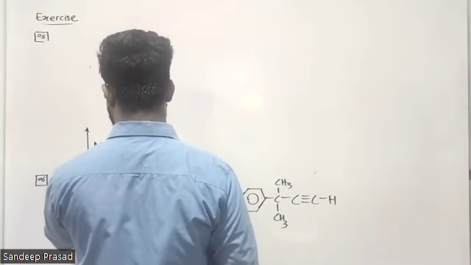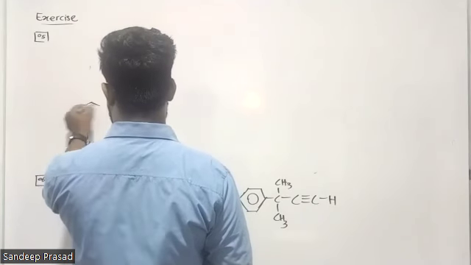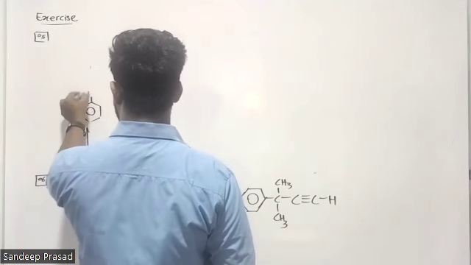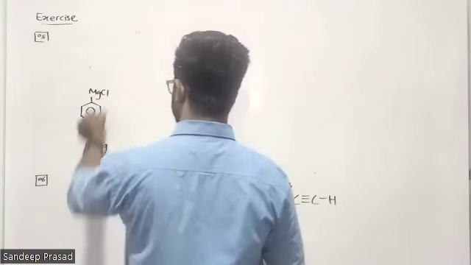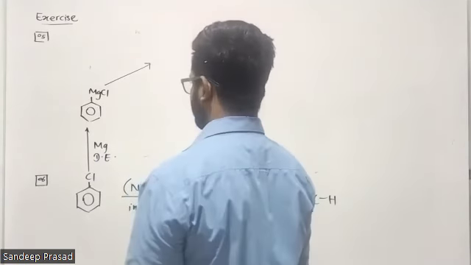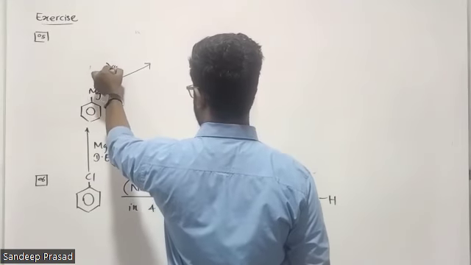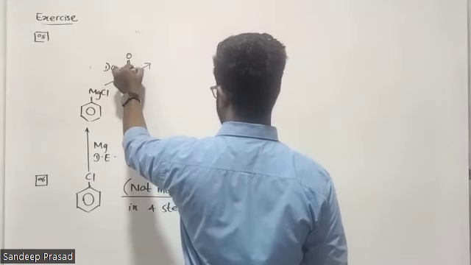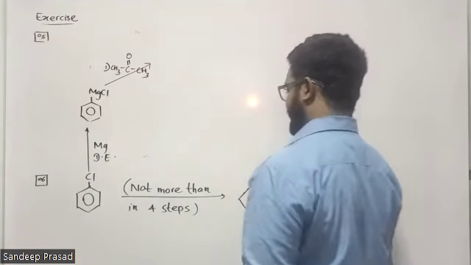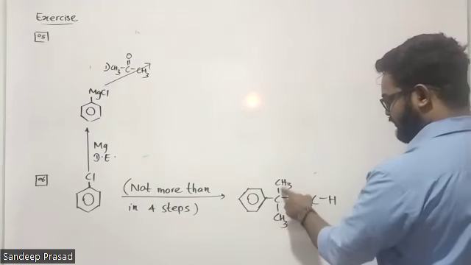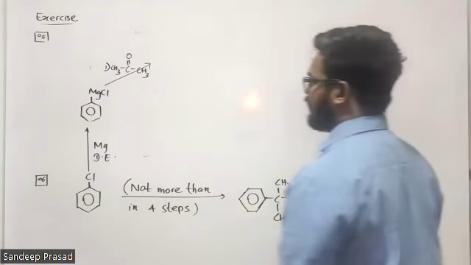Magnesium, dry ether, then it can form the Grignard reagent. Then CH3, C double bond O, CH3. Because students, you can see that there are 2 methyl groups on the carbon atom.